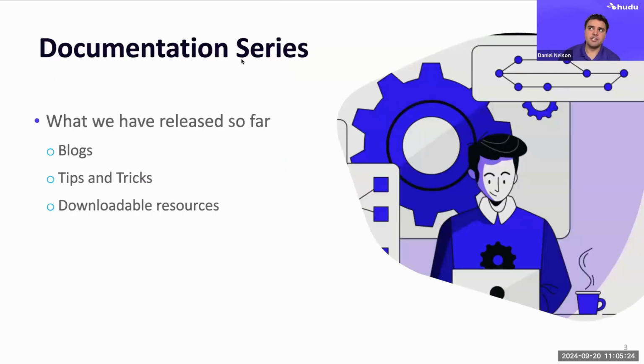So just an overview of our documentation series so far, what we've released. We're actually getting close. This is our last monthly training for this first quarter of our documentation series, which has been based on organization and structure of Hudu. So we've actually released at this point 5-6 blogs, 12 tips and tricks, and multiple downloadable resources.